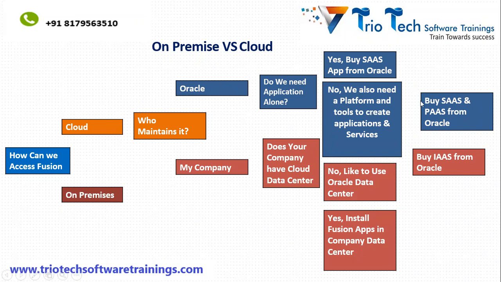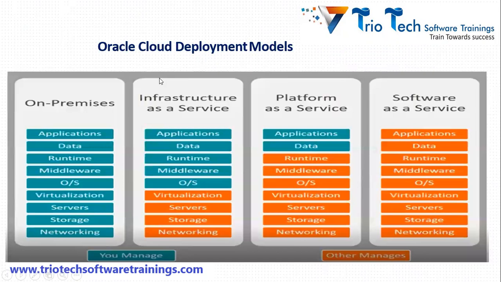So basically the licensing is a bit different. The deployment model is a bit different from what was there in case of on-premise. Now to understand what SaaS is, what PaaS is, and what IaaS is, these are the Oracle Cloud deployment models.